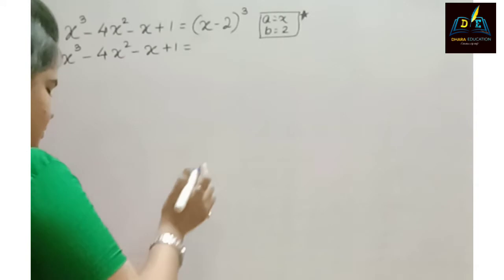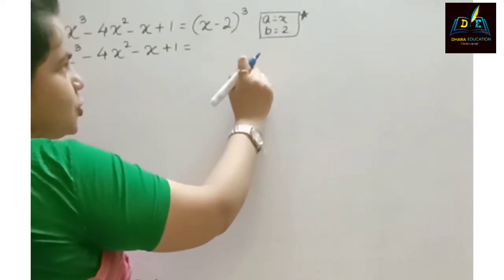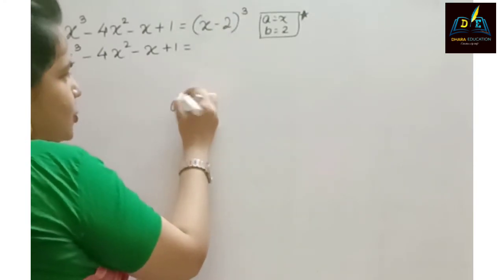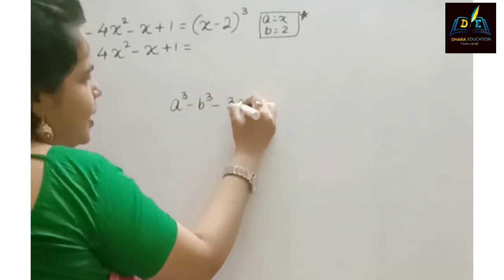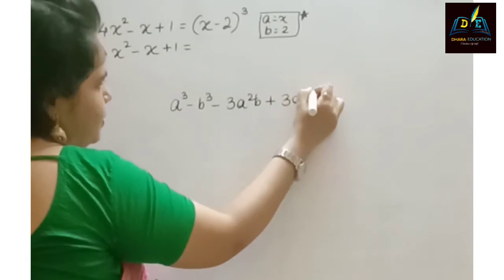So now students, x is equal to a and b is equal to 2. By the formula, that is a cube minus b cube minus 3a square b plus 3ab square.